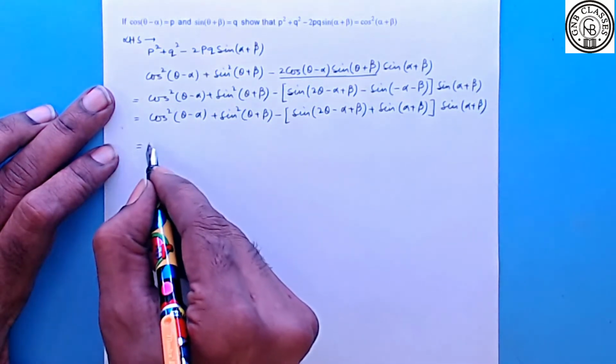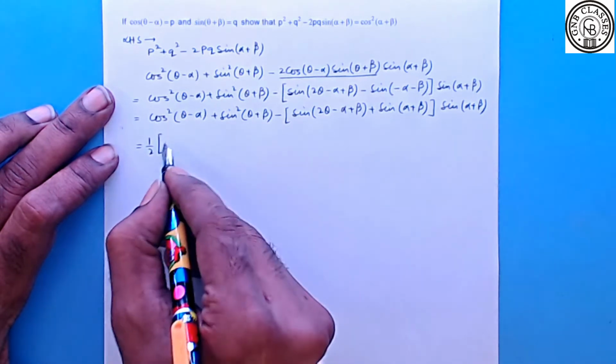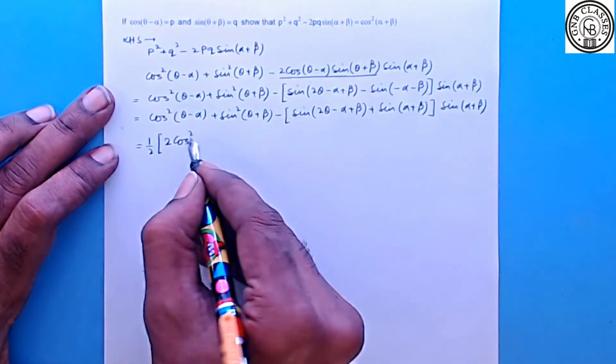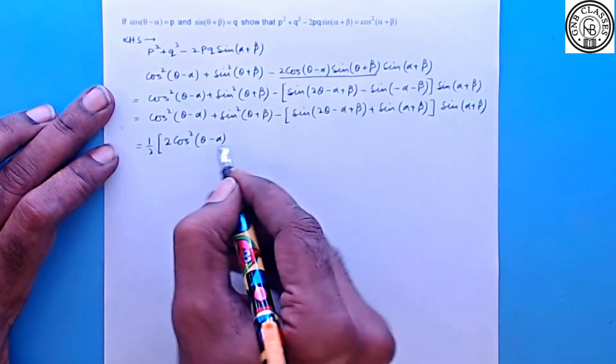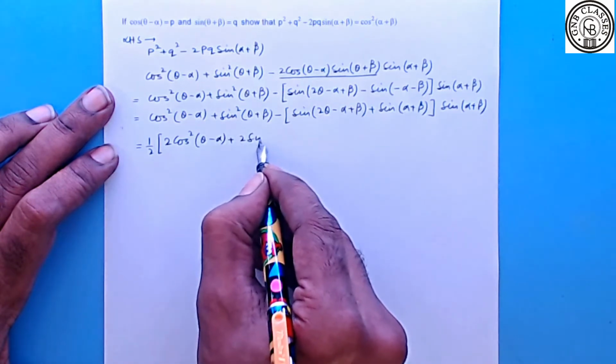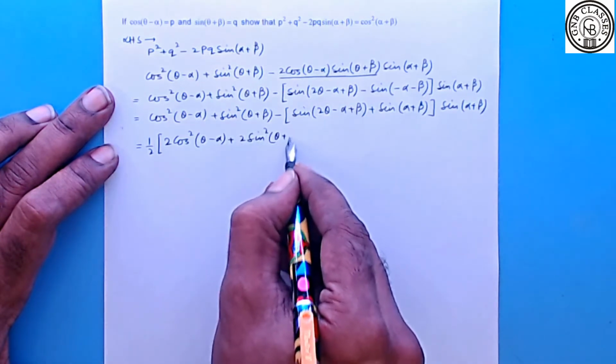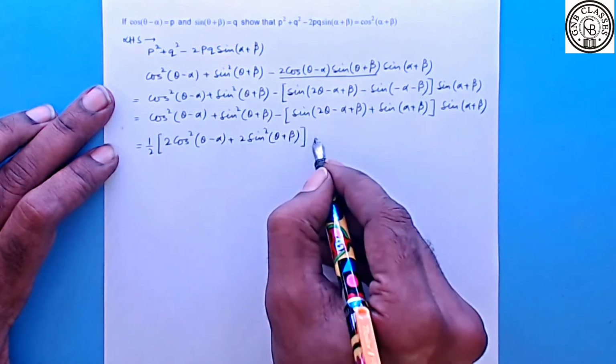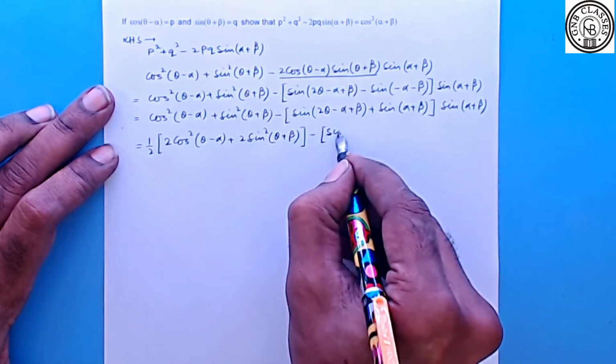So now let me take half common. So it is 2 cos square theta minus alpha and 2 sin square theta plus beta. Let this part be as it is.